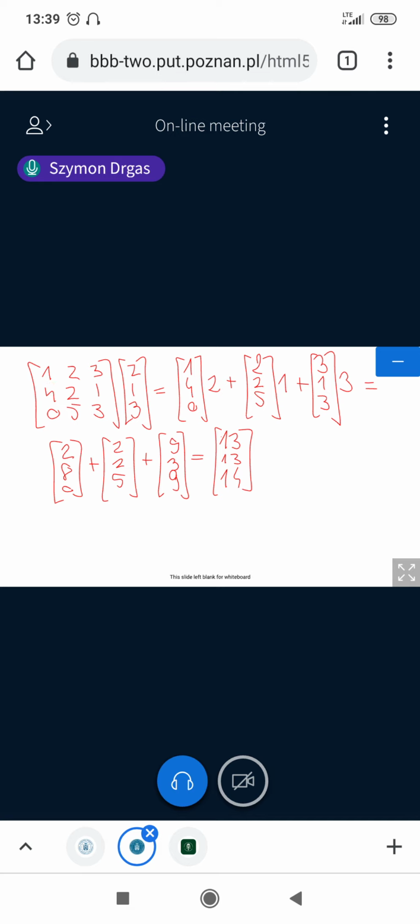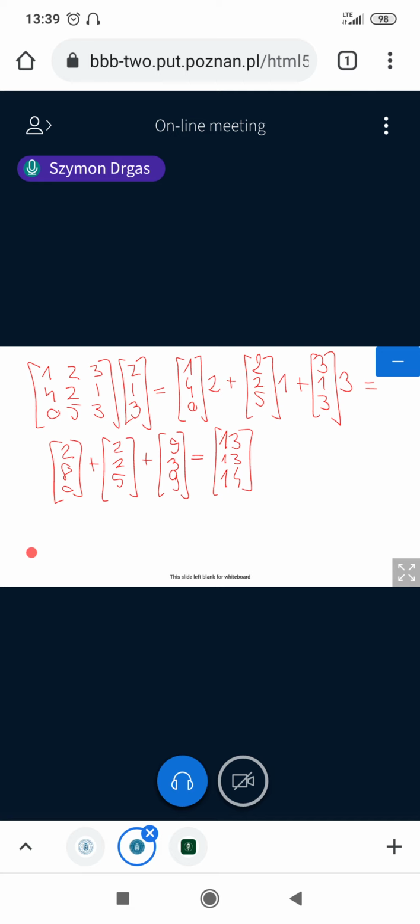Okay, and so we can say that a matrix is an array of numbers. In this case, we have an example of a square matrix, so it has the same number of rows and columns.